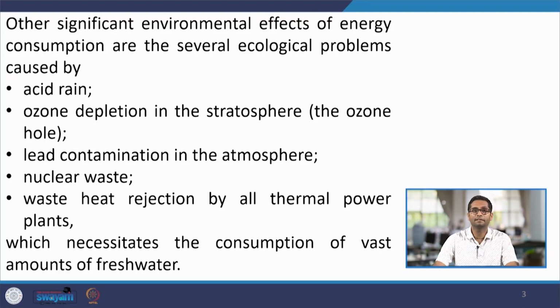But apart from the effects of the different energy related production scenarios in terms of GHGs, there have been other effects as well. There has been acid precipitation. We have seen increased acid rains in the past. We have seen ozone depletion, which has led to the creation of ozone holes over different parts of the world.